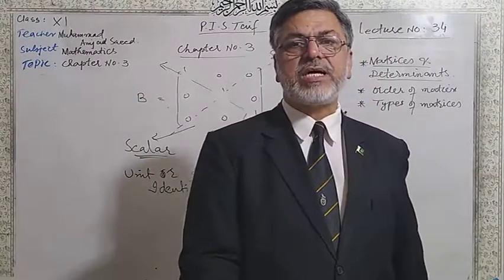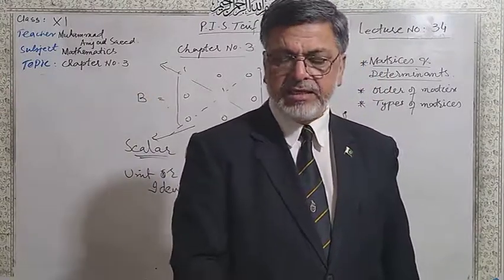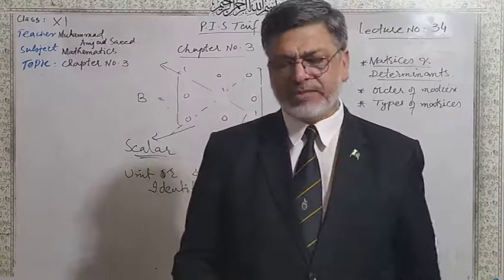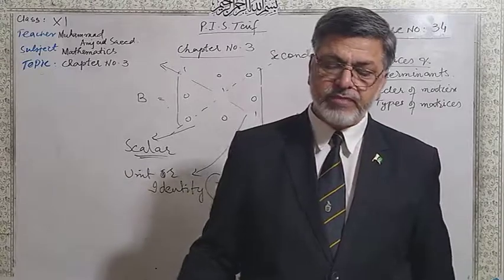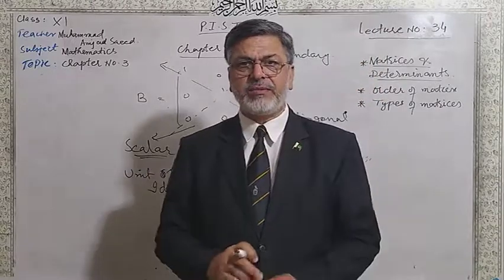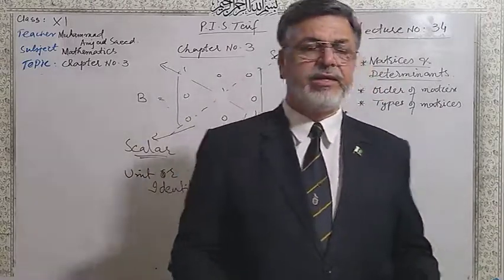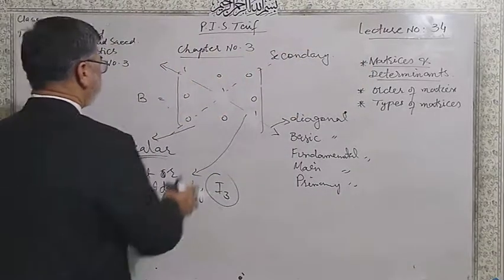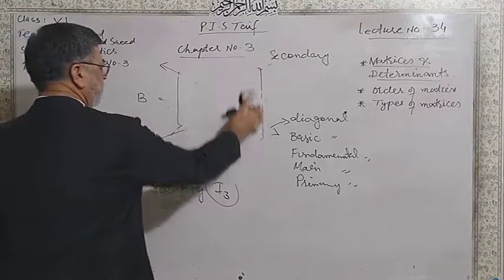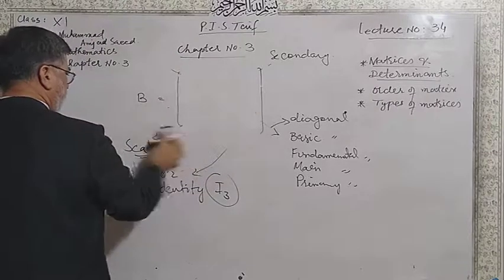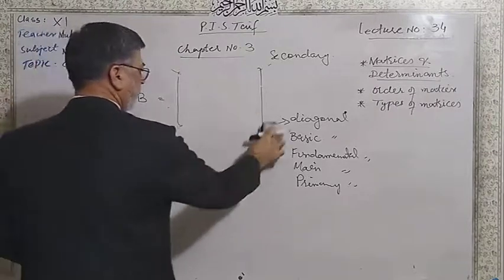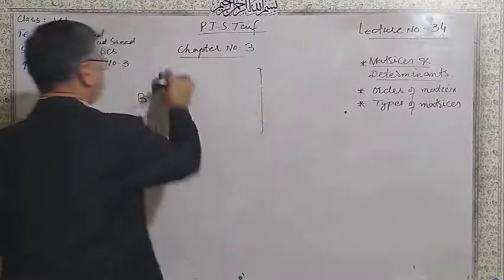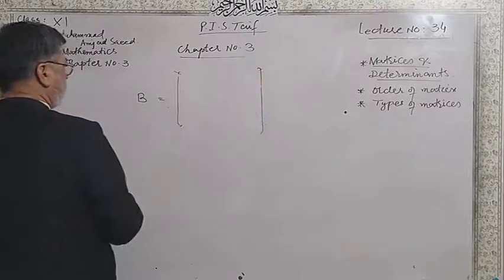After that we have transpose of matrix. Transpose means interchanging rows into columns. Normally, it is denoted by the letter with power t.